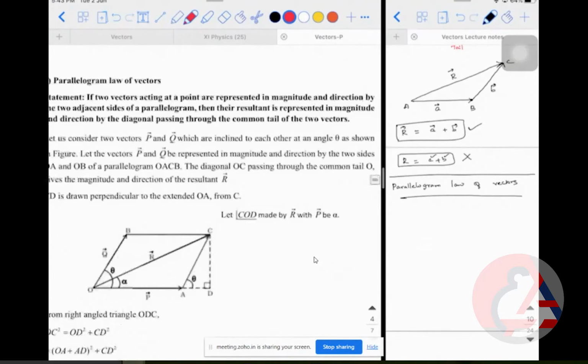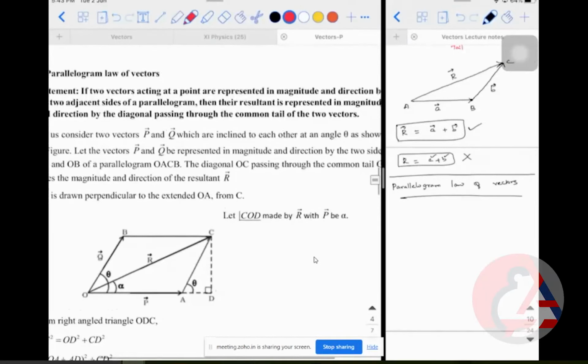So look at the statement here. The statement goes like this. Make a note of it.